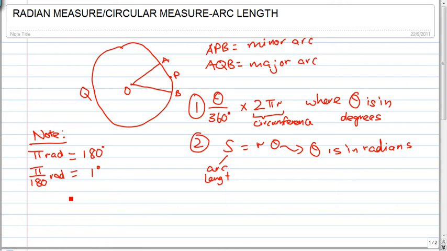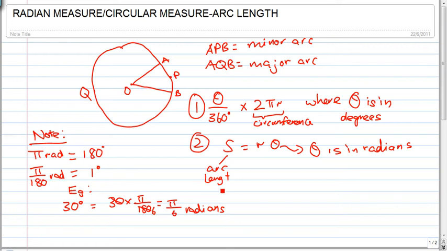For example, to convert 30 degrees, 30 degrees is equal to 30 times pi over 180. Cancel, divide by 30, you get pi over 6 radians. So 30 degrees is also pi over 6 radians.